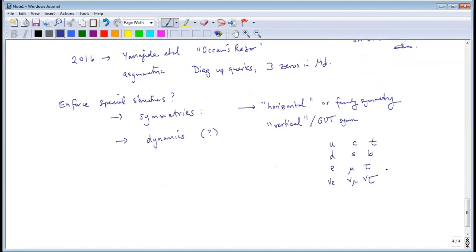Okay, didn't line them up very nicely, but you get the idea. So horizontal, we're going right across the different fields, the particles with the same charges. And then the vertical, of course, the GUT is putting particles with different charges into broader multiplets because we've enlarged the standard model gauge group to a bigger group.